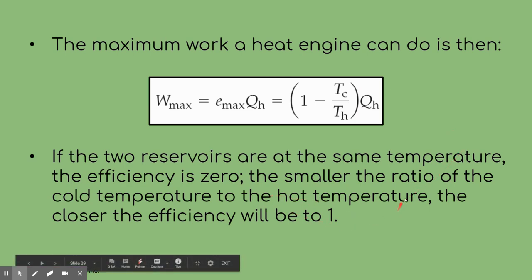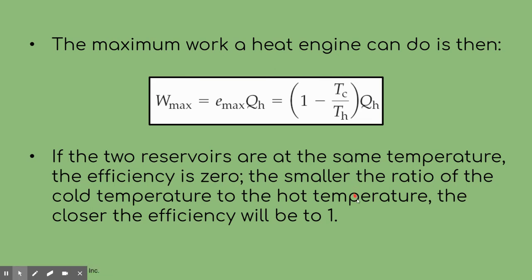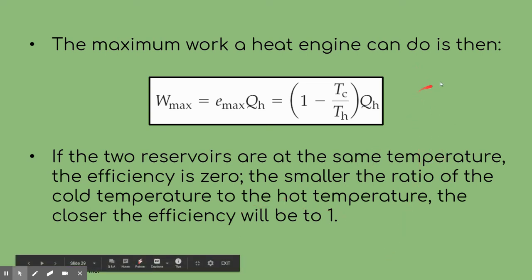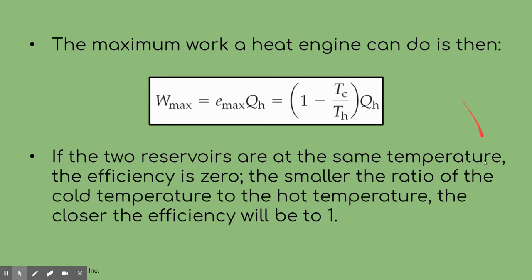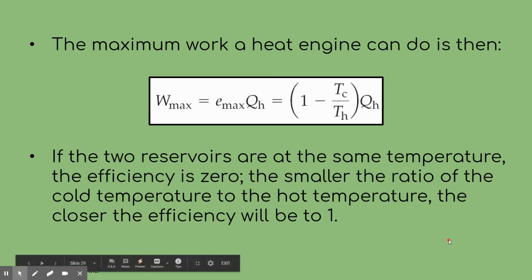If we have two reservoirs that are at the exact same temperature, our efficiency would be 0. However, the smaller our ratio of cold to hot, the closer our efficiency is going to be to 1. So we want to have a large difference between our hot reservoir and our cold reservoir in order to have the highest efficiency possible.